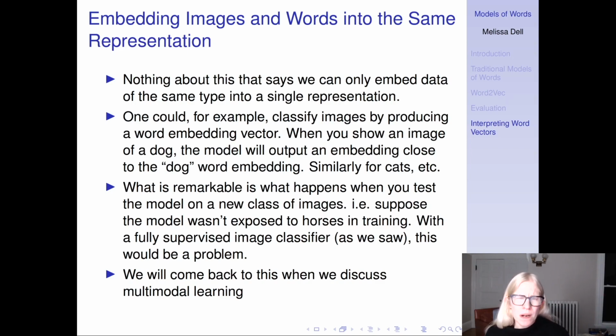What's really remarkable is what happens when you test the model on a new class of image. Within a fully supervised image classifier, this would be a problem, but we'll actually see multimodal models that do zero-shot or few-shot image classification by mapping language and images into the same space.